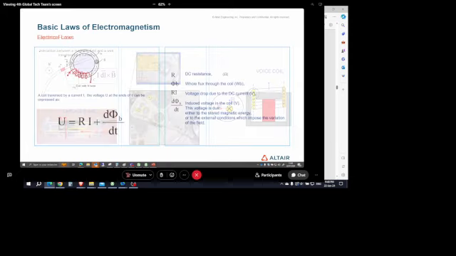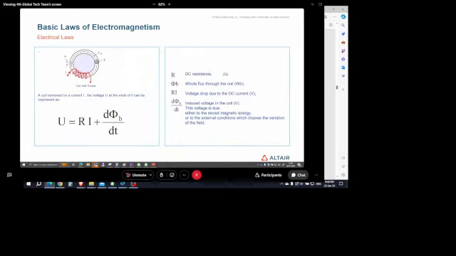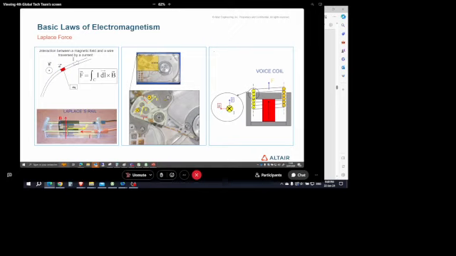Okay, so this Laplace force, for a synchronous reluctance machine, this is something we are not going to see for BLDC as well.